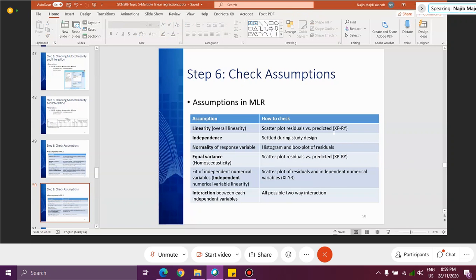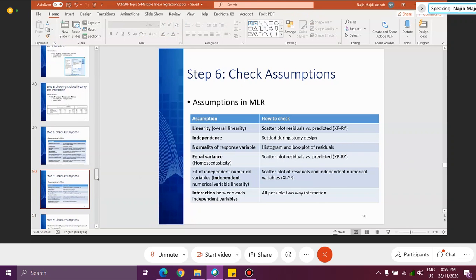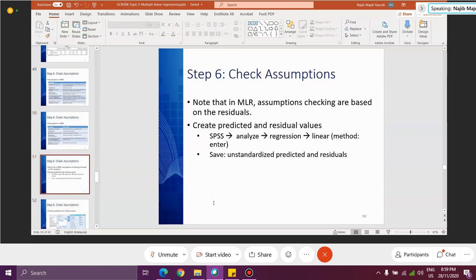So by looking at all those plots, we have checked all the assumptions for linear regression, multiple linear regression.